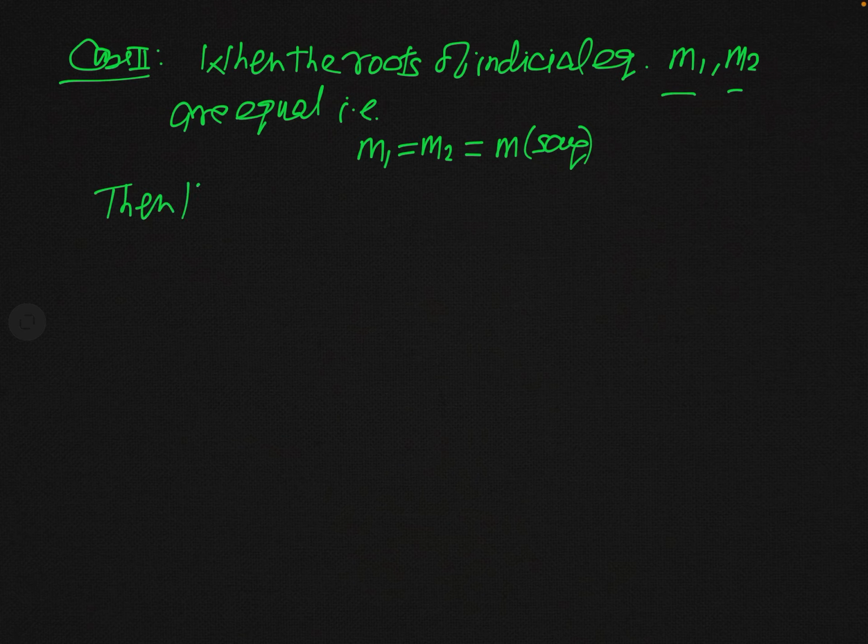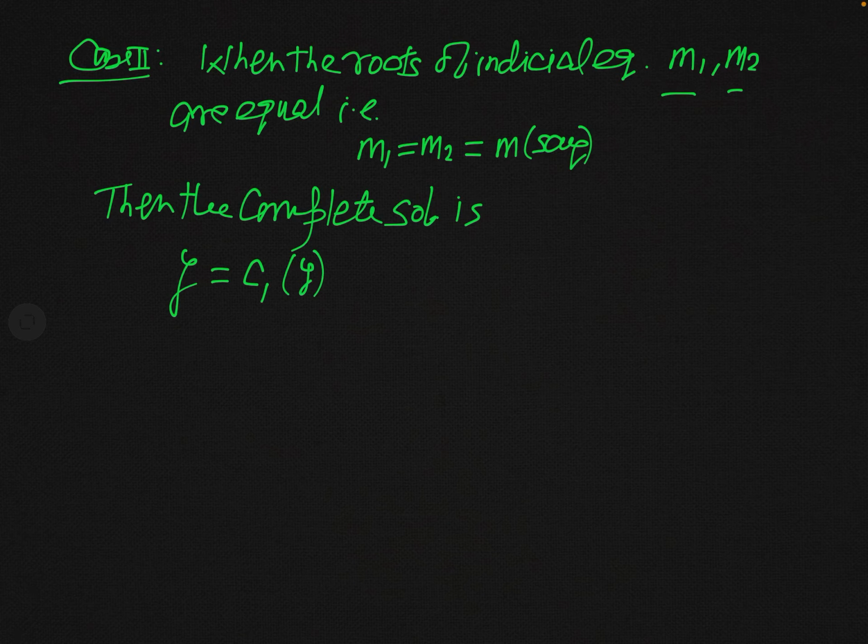Then the complete solution is, we will write the complete solution y equal to an arbitrary constant C1 times the solution y when m is equal to m, because here m has one and only one value, plus another arbitrary constant C2 times del y by del m.